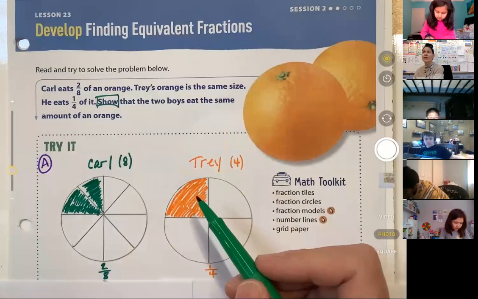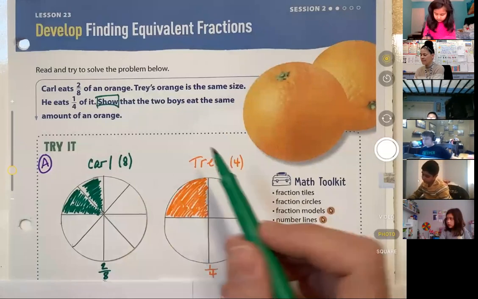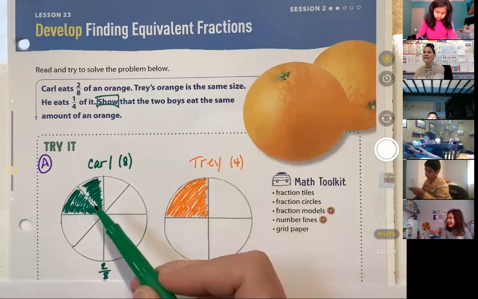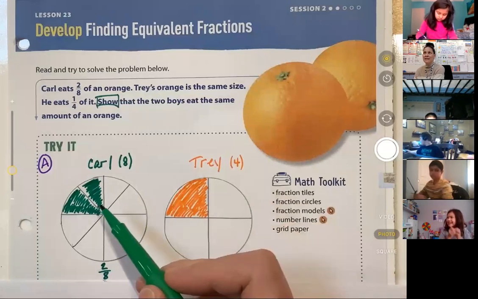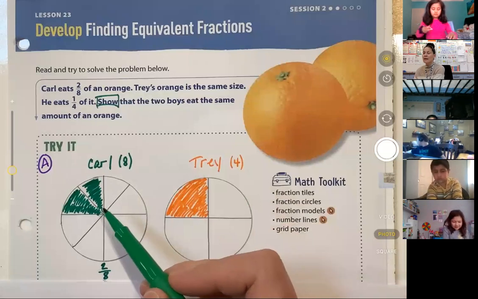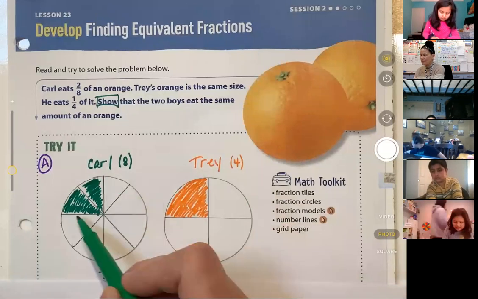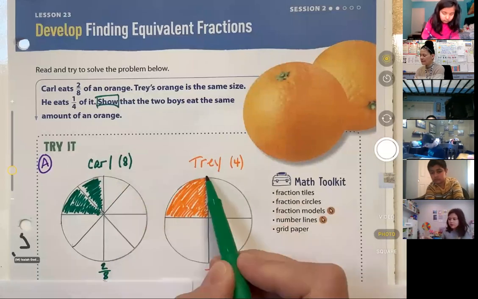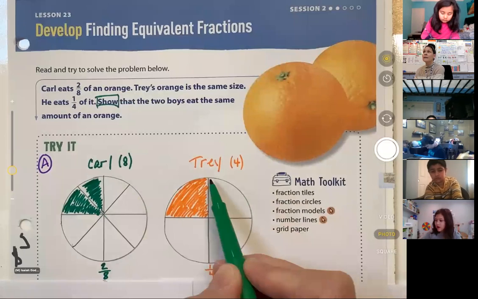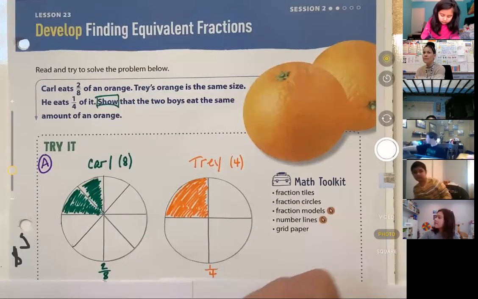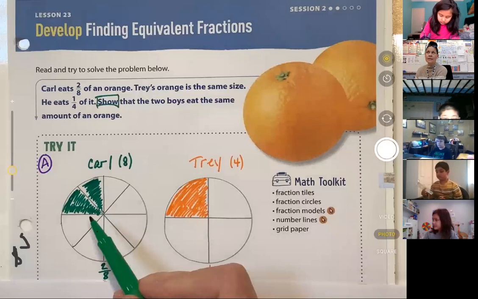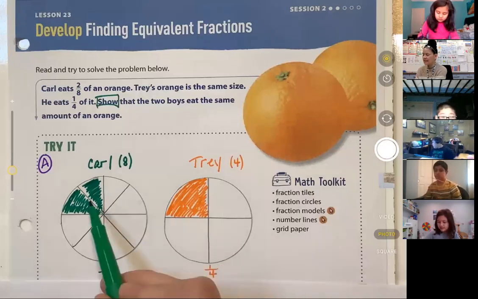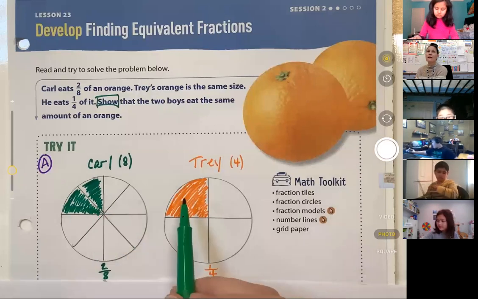Because remember, friends, equivalency shows the same amount shaded or the same point on a number line, and we'll get to that in a moment. So again, the total amount eaten by Carl and the total amount eaten by Trey, it's the same amount. It may be fractioned differently, the oranges, but they eat the same amount.